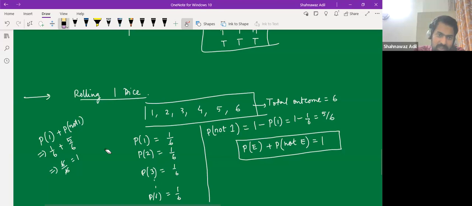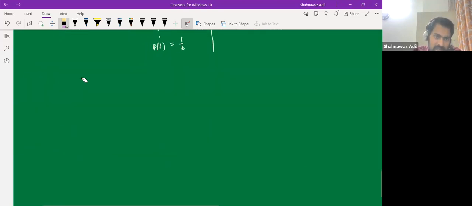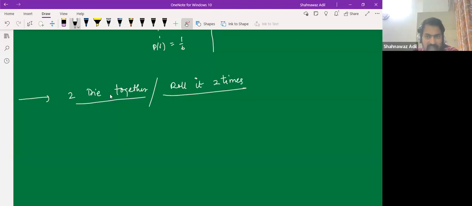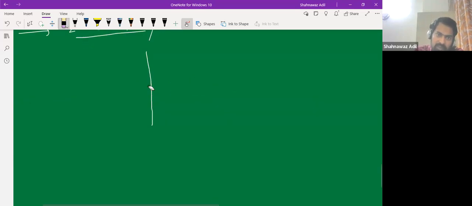Now what we do is roll 2 dice together. This is simultaneous, but we can also roll it 2 times. Both are equivalent. The outcome is calculated by this row and column method.